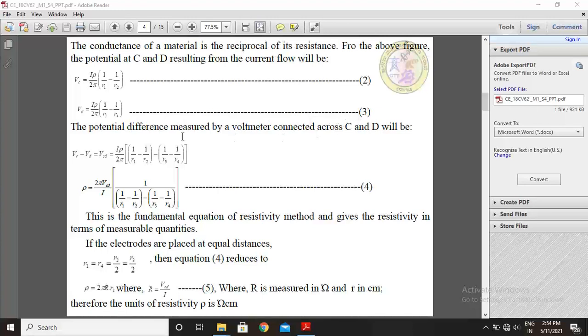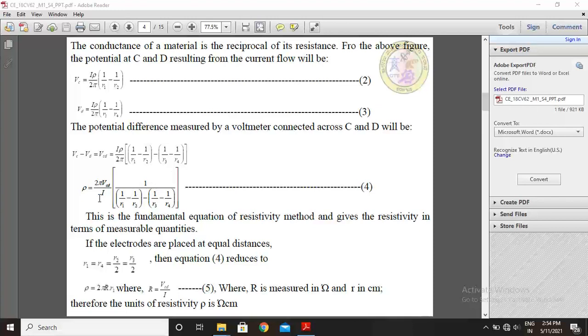The potential difference measured by a voltmeter connected across C and D will be VC minus VD equal to VCD, is given by the relation I rho divided by 2 pi times 1 by R1 minus 1 by R2 minus 1 by R3 minus 1 by R4.